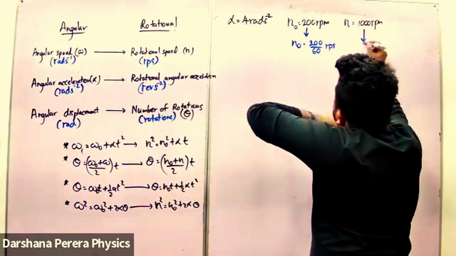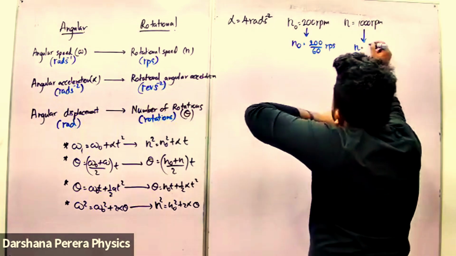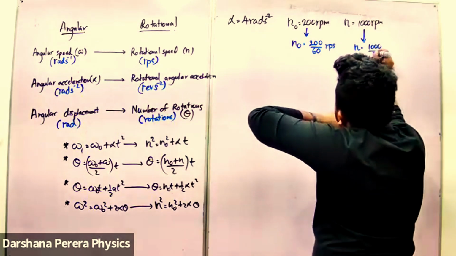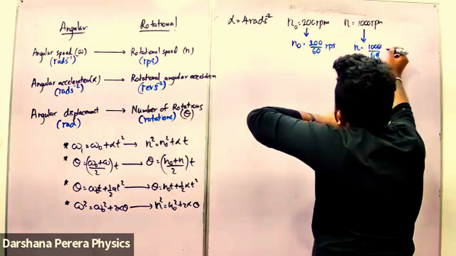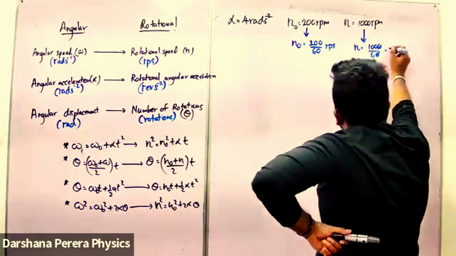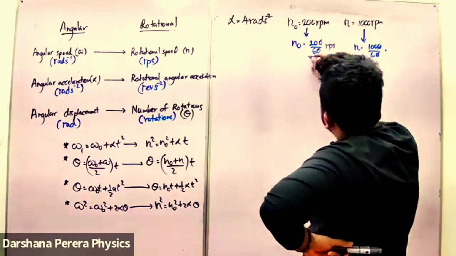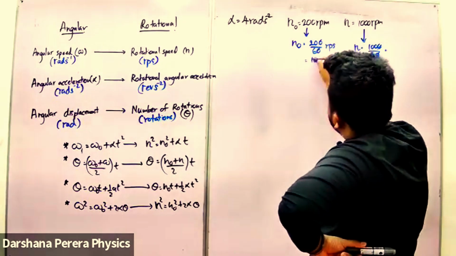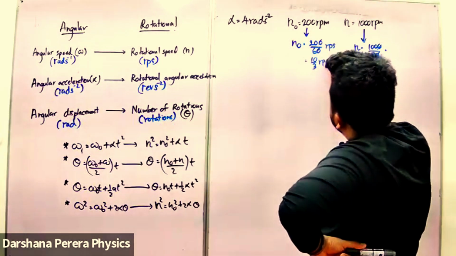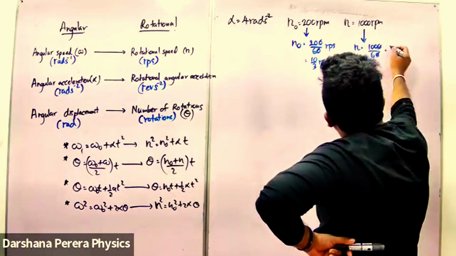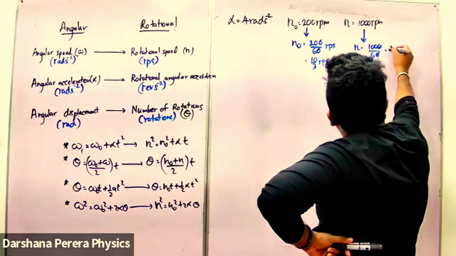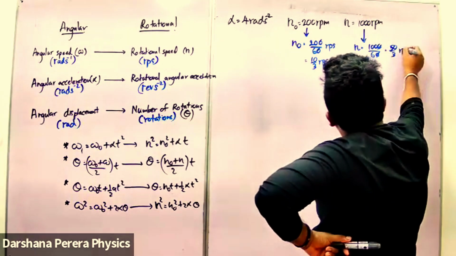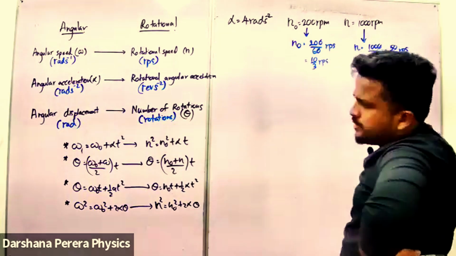Then the n value, n equals 100 over 60, that means 10 over 3 RPS, and 50 over 3 RPS.